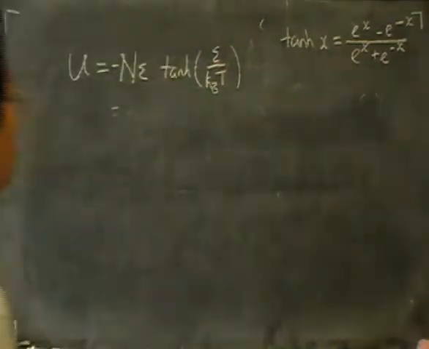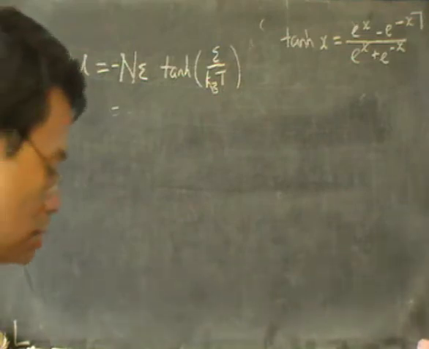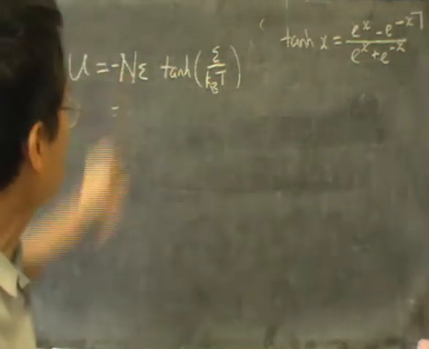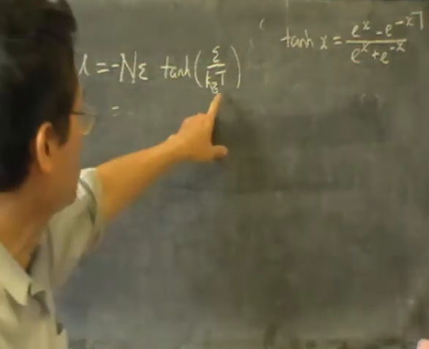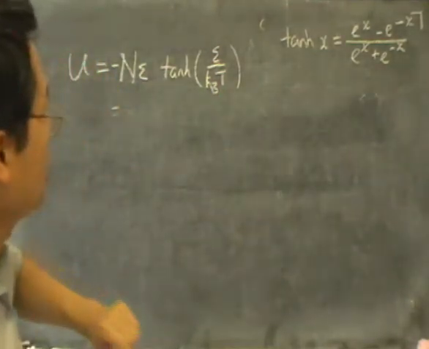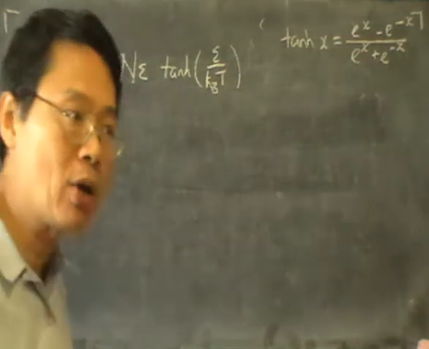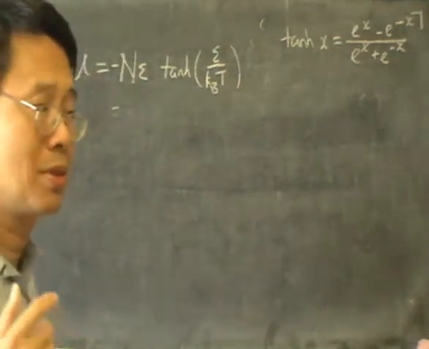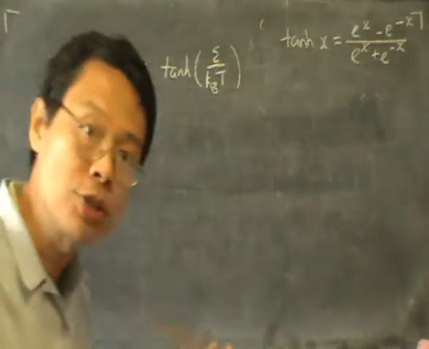So now that we have a formula for U, we can easily find the heat capacity by differentiating this. You have to differentiate with respect to the temperature to find the heat capacity. Differentiating the hyperbolic tangent gives you the square of the hyperbolic secant, and so on. So I shan't go through that.